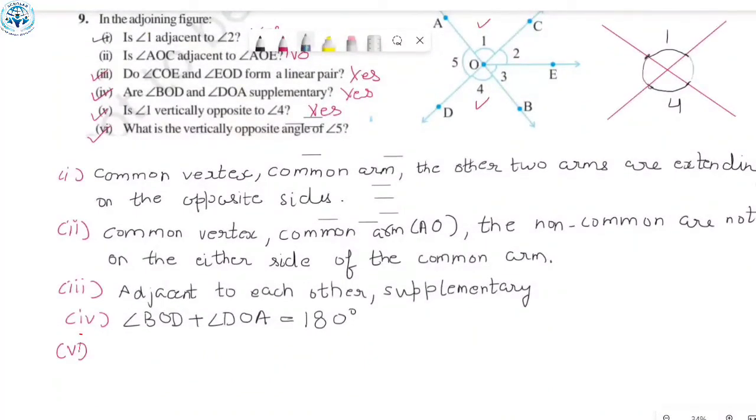Now the second pair. We have to find out the vertically opposite angle of angle 5. Angle 5 is on the left hand side and these are two angles, 2 and 3.